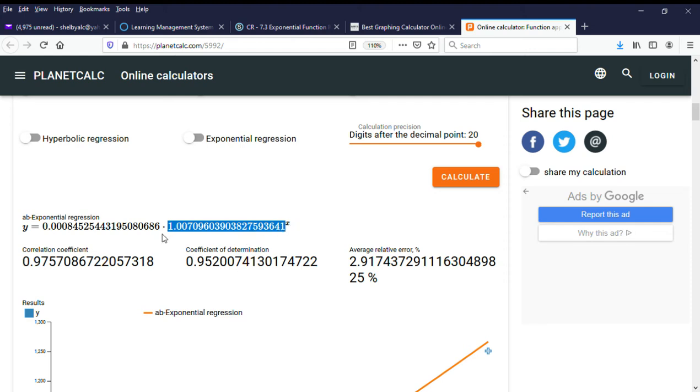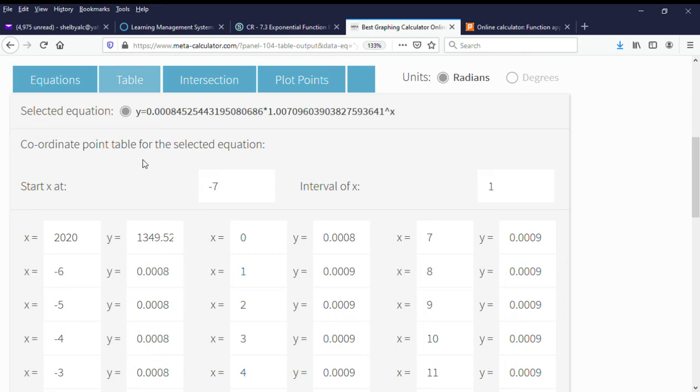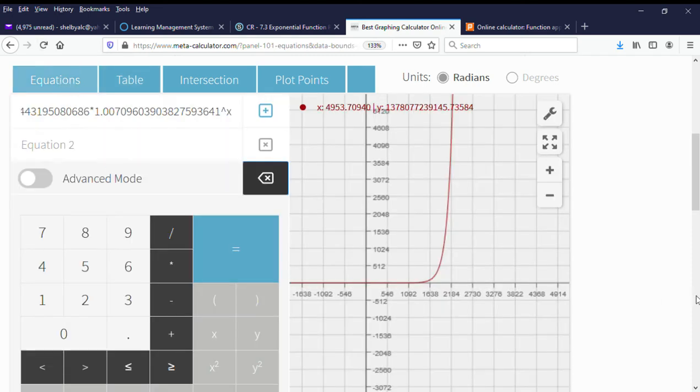So this is representing a multiply sign in between. If you're working on your phone, you'll have to get out a pen and copy these numbers down. But for those of you on computers, you can just Control-C to copy that up and over to your Meta Calculator.